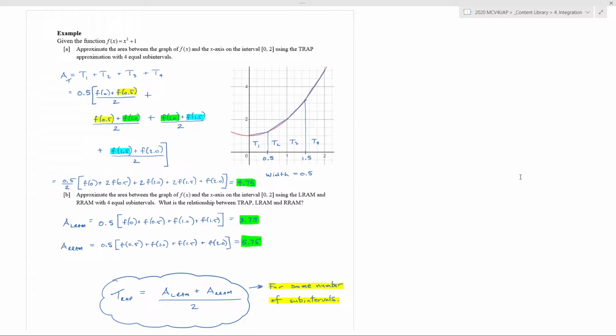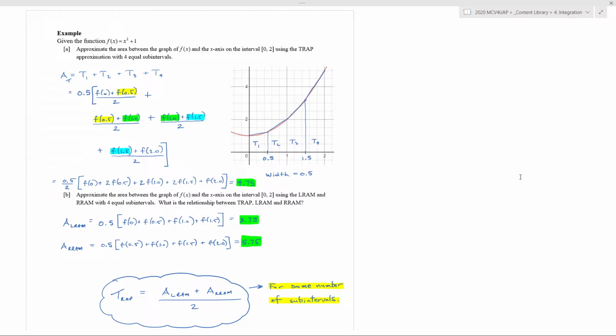So if you do a trapezoidal approximation with 10 subintervals, that will be the average of the LRAM and RRAM approximation using 10 subintervals. So as long as the number of subintervals, or the number of rectangles and trapezoids, is the same, that relationship will always be true.